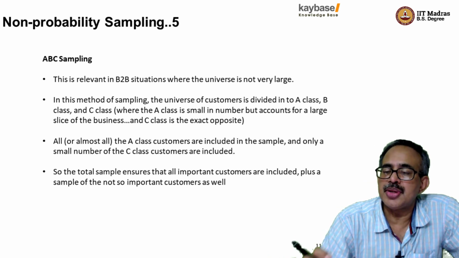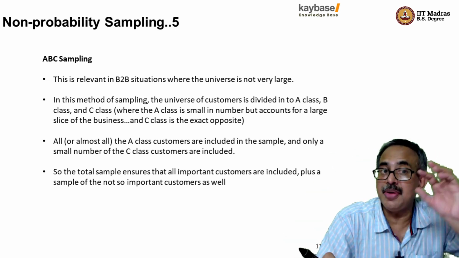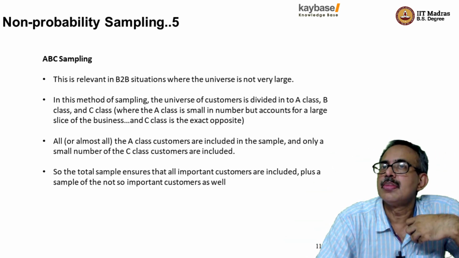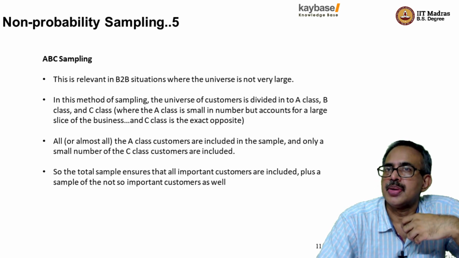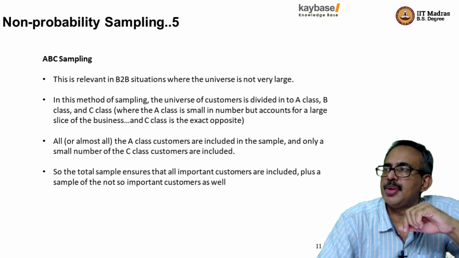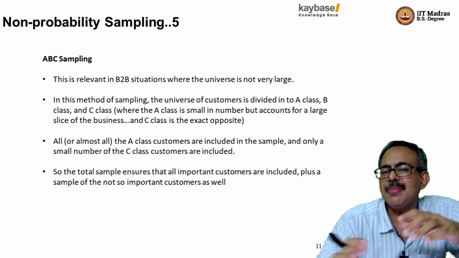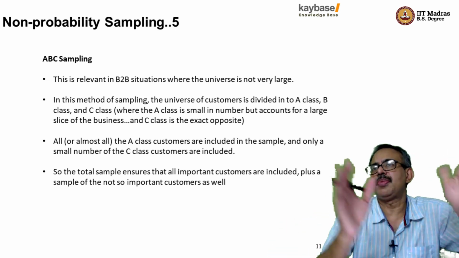So then this company will say, in my survey, I want all my A-class customers represented because every one of them gives me so much business. That view is so important for me. Correct? In my B, I want at least 50% of my customer base represented because they are also important. C, not that important. We can take out of the 50 people, a sample of 10 people is good enough for me.